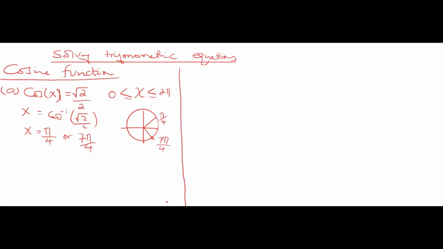Solving trigonometric equations. In this case, we have a coefficient with the x. It's going to be the same, but in this case, I've included a coefficient for the x. And I'm going to use the same domain that I've used before.